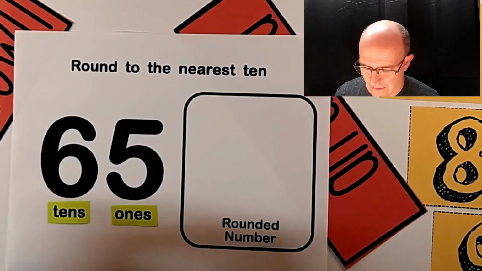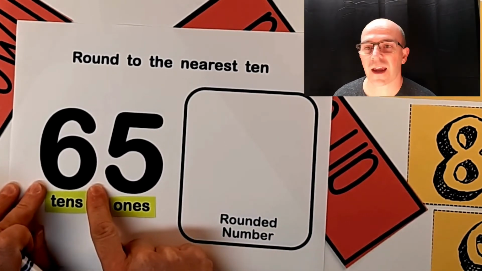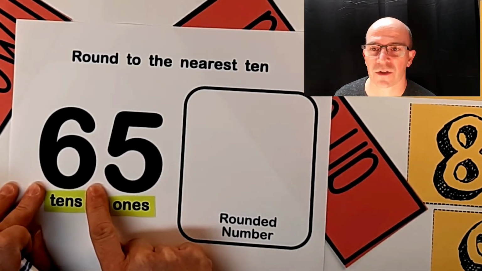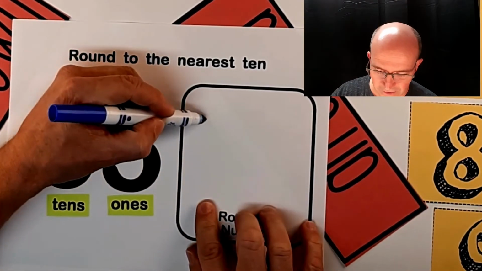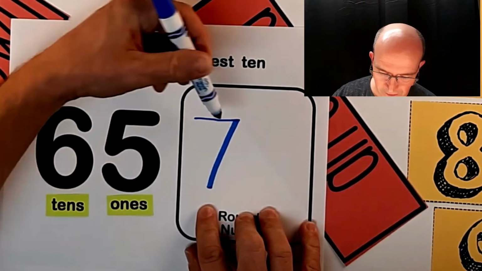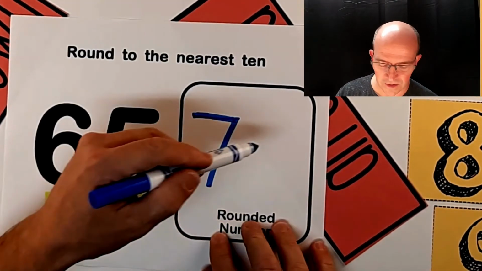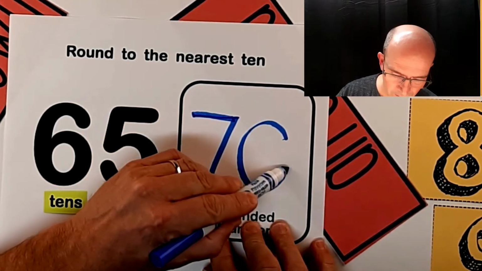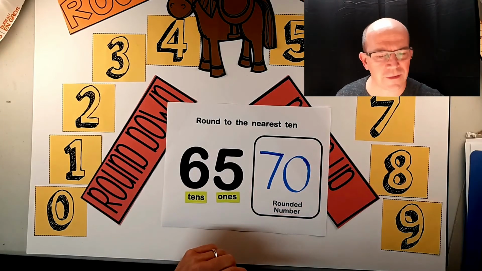So that means I need to go back to my tens digit, and I'm going to add 1 to it. 6 plus 1 is 7, and I will put a 7 over here, and this becomes a 0. I should check again with our number line.